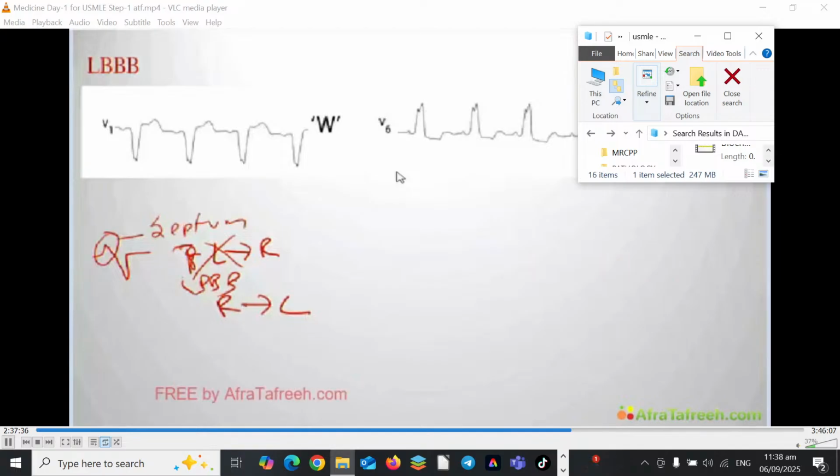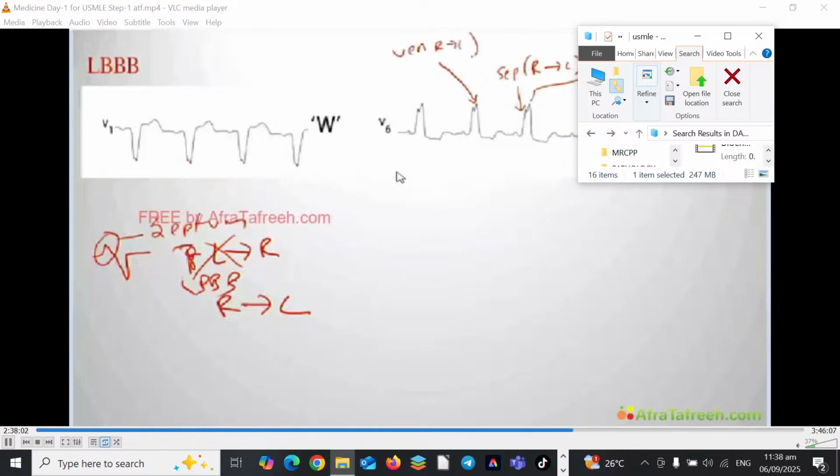For the M pattern in V6, it just denotes that everything is super positive. The initial positive before this positive here is because of the septum. Septum is moving from right to left. And this here is because of the ventricle, which is getting depolarized from right to left.